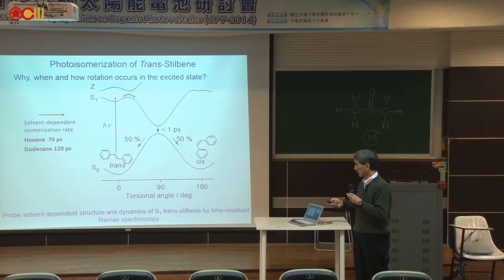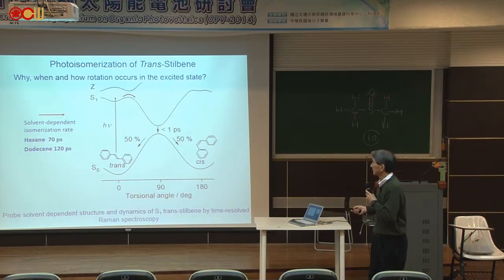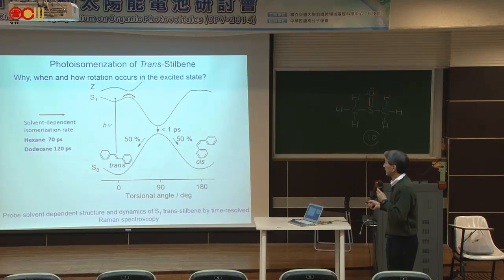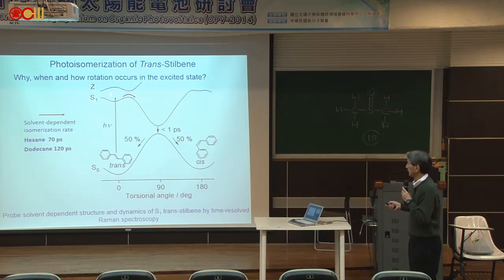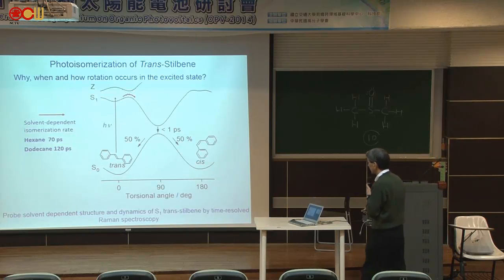Because the viscosity of dodecane is much larger than hexane, it may be caused by viscosity. Maybe 30 years ago, people believed that: it is a single bond here, and the viscosity makes this solvent dependence. But I wanted to see what happens in the excited state by time-resolved Raman spectroscopy.